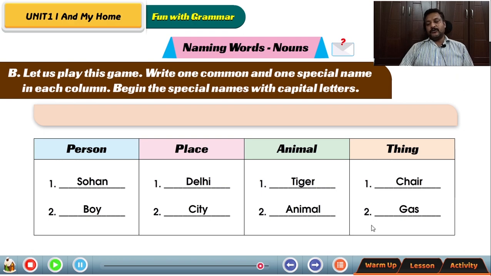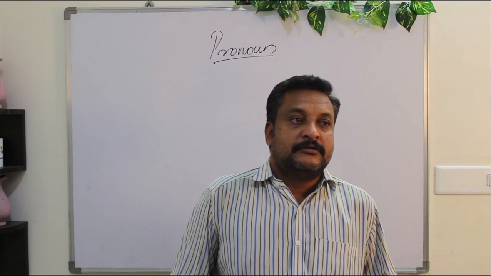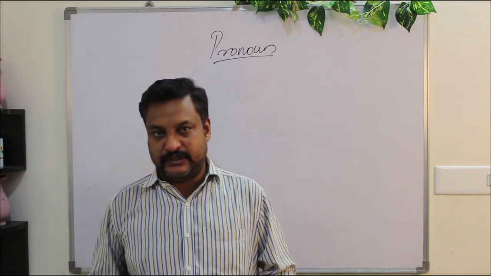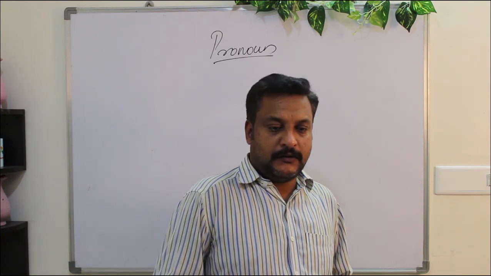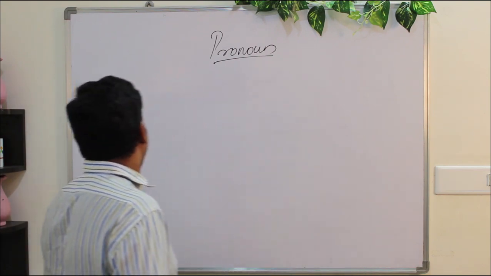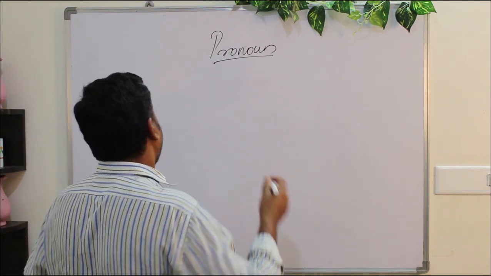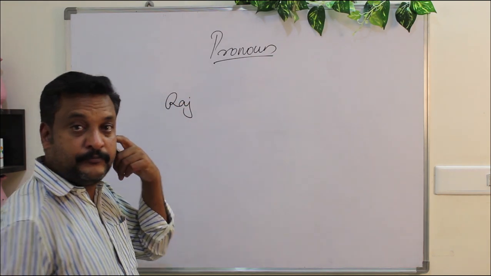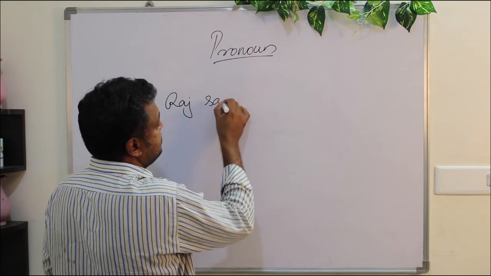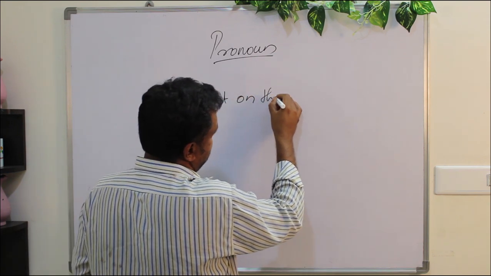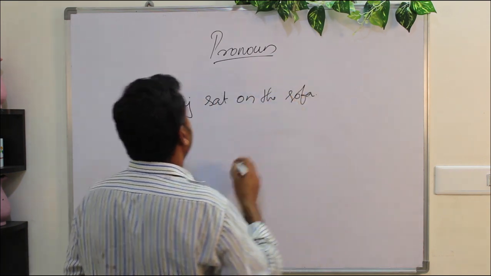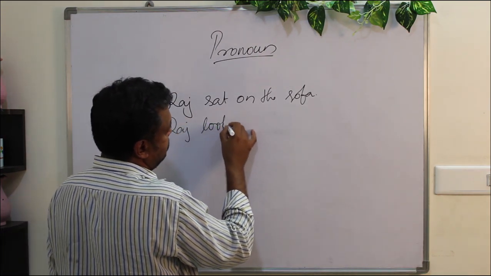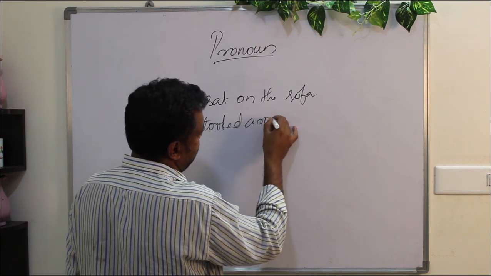So now we will move on to the next part. We have seen what a noun is and what a pronoun is. Now, let us consider the boy in this story, Raj. Raj sat on the sofa. Again, Raj looked around.